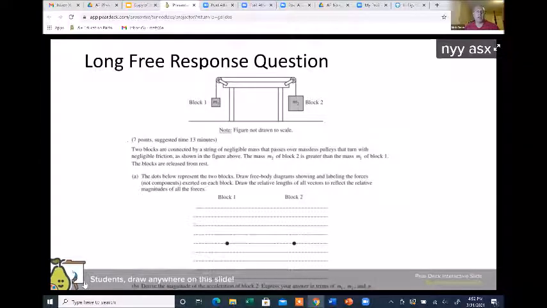You can draw on your screen now. I want you to read the prompt and look at the diagram up at the top, and draw in the free body diagram on part A. Use those dots under part A and literally draw the arrows to represent the free body diagram on that one.